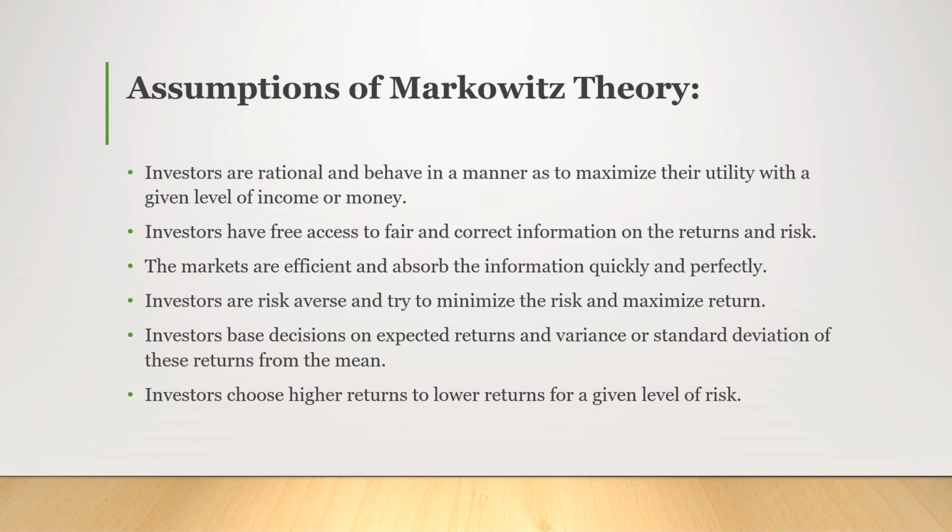Here, the assumption under this theory is that investors are rational. That means he is able to make decisions. He is an intelligent person who can take his decisions intellectually. He behaves in a manner as to maximize his utility with a given level of income.